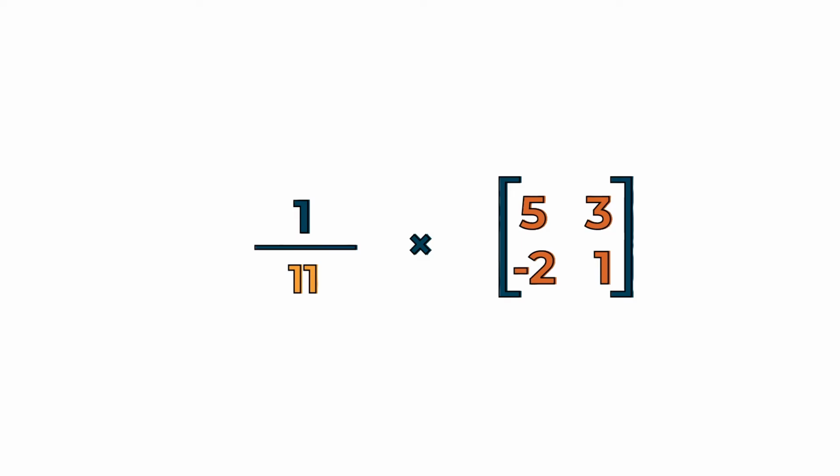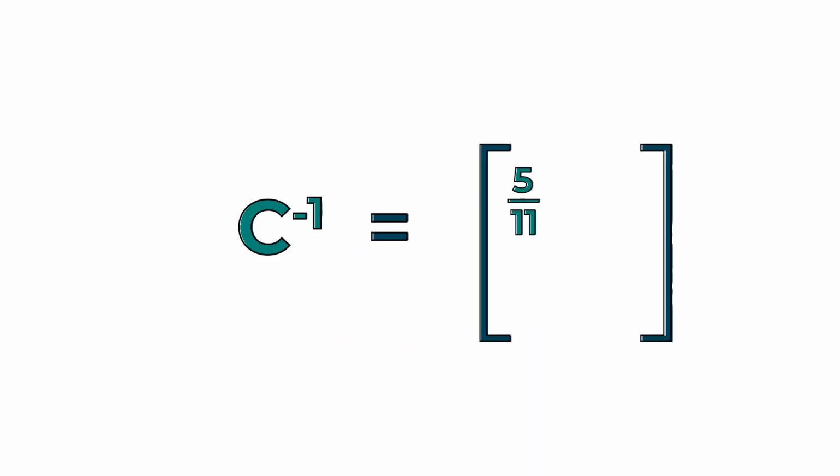Even though the number outside is a fraction, it is still a scalar number, which means it can be multiplied using what we learned in our last video. You multiply the scalar by each number in the matrix. That leaves us with 5 over 11, 3 over 11, negative 2 over 11, and 1 over 11. And that's how you find the inverse of a matrix.